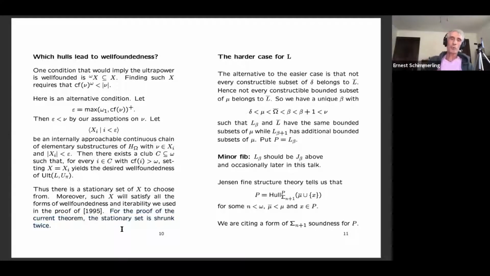We'll have to do some pressing down and get an even smaller stationary set. And I'll mention where that's used when we get to it. Okay, that's probably too much information at this moment. So let's go on and talk about the harder case for L.